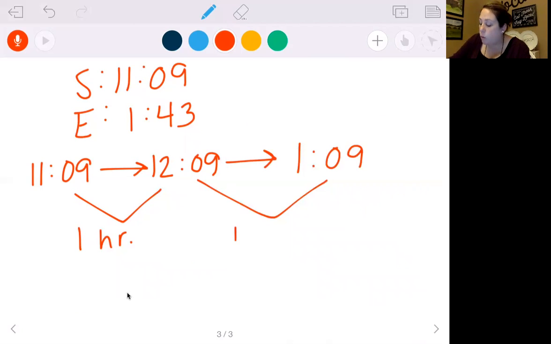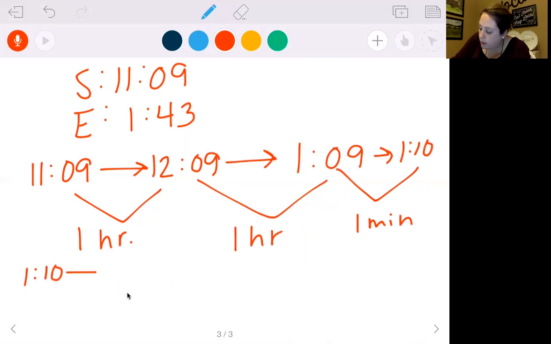Now we can go from 1:10 to 1:20, 10 more minutes. 1:20 to 1:30 is 10 more minutes. 1:30 to 1:40 is 10 more minutes. And then from 1:40 to 1:43 is 3 minutes. So I'm going to use a different color.